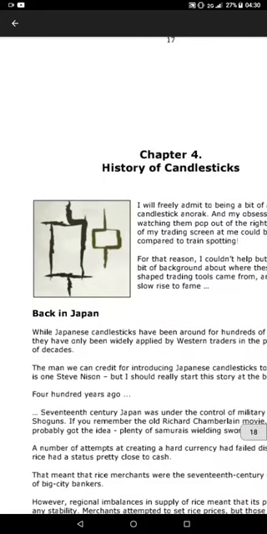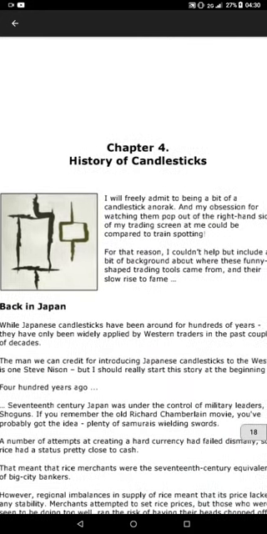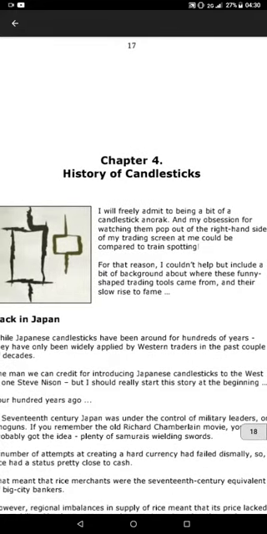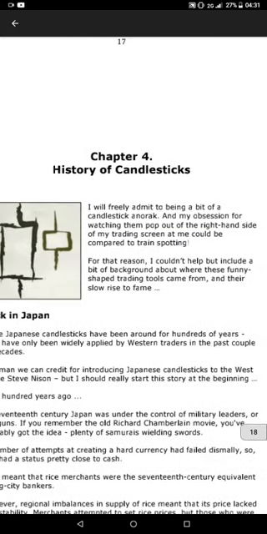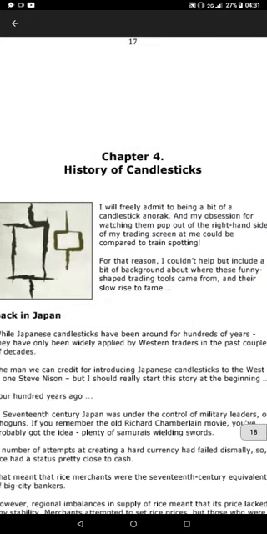Guys, we are coming to the last chapter, which is chapter 4, guys. This is the history of candlesticks. I will freely admit to being a bit of a candlestick anorak, and my obsession with watching them pop out of the right hand side of my trading screen could be compared to trainspotting.